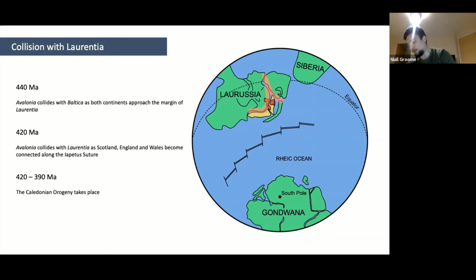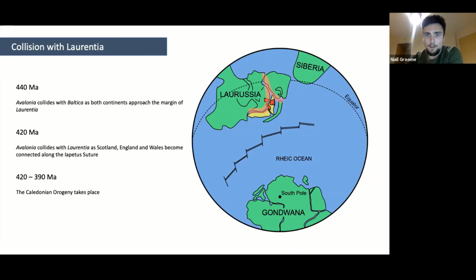And this collision causes the Caledonian orogeny, as you can see here in red, which affects large portions of eastern North America, Scandinavia, and up through Scotland as well to create the Scottish Highlands.